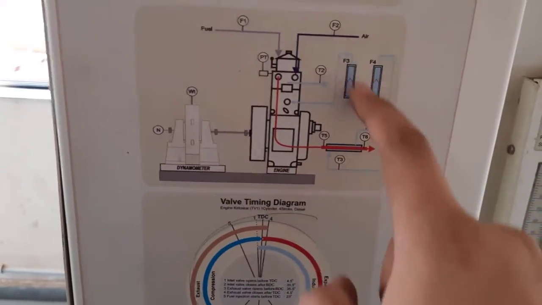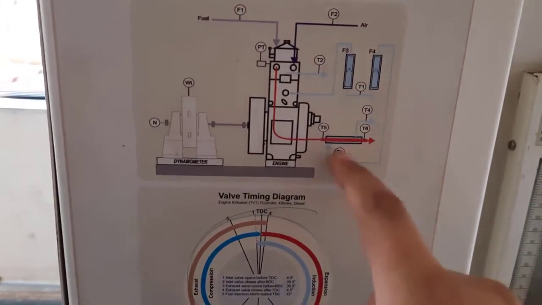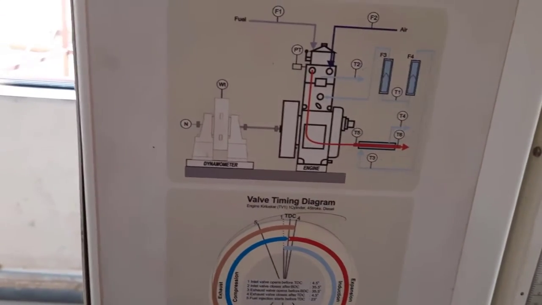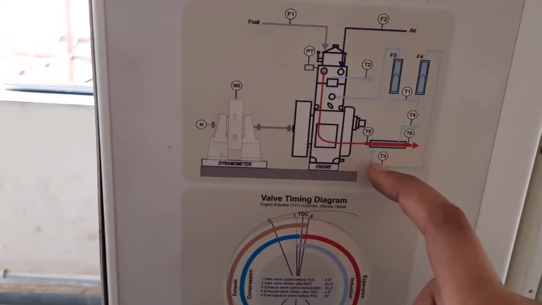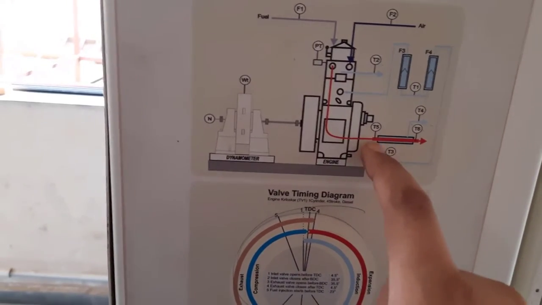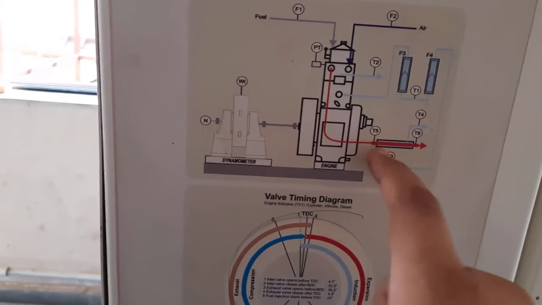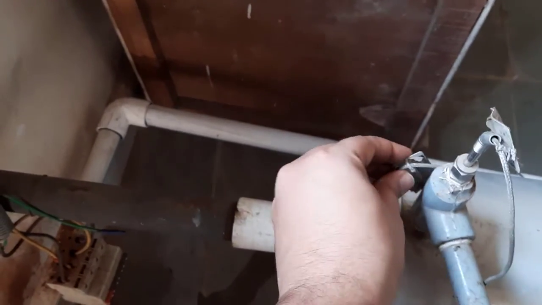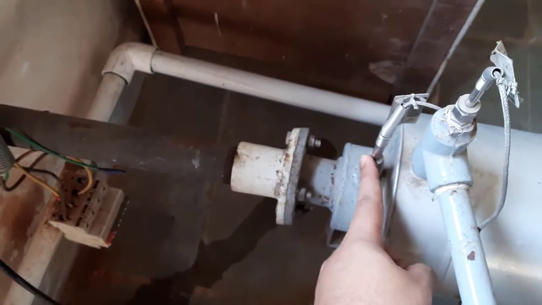There is only a rotameter in between T1 and T3, so there will be a very small difference between them. Hence we assume that T1 is equal to T3. T3 is the temperature going into the calorimeter and T4 is going out of the calorimeter. This above one is T4 and the below one is T6.